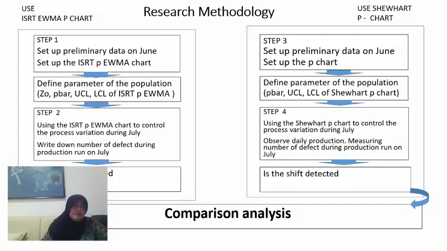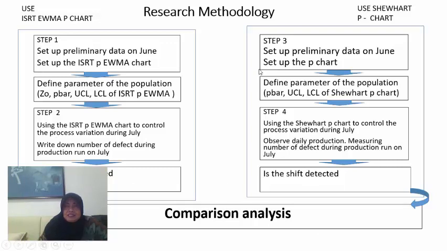In step 2, we use the chart to control the actual process variation during July. We write down the number of defects found in the production run in July and examine and assess whether each sieve is defective.